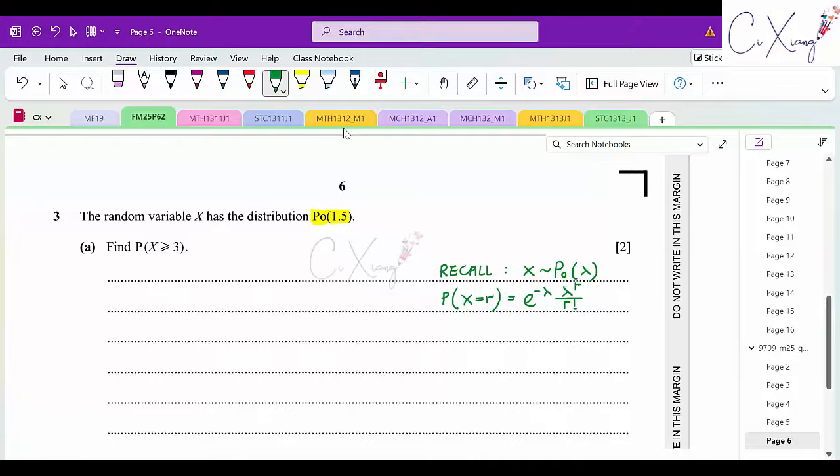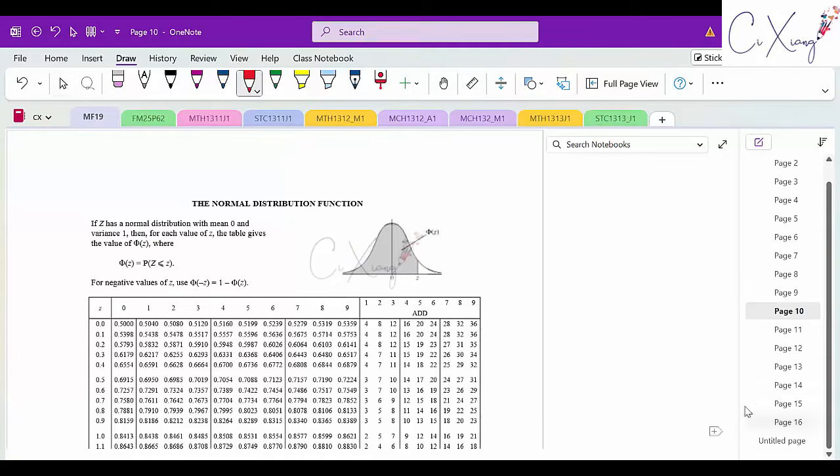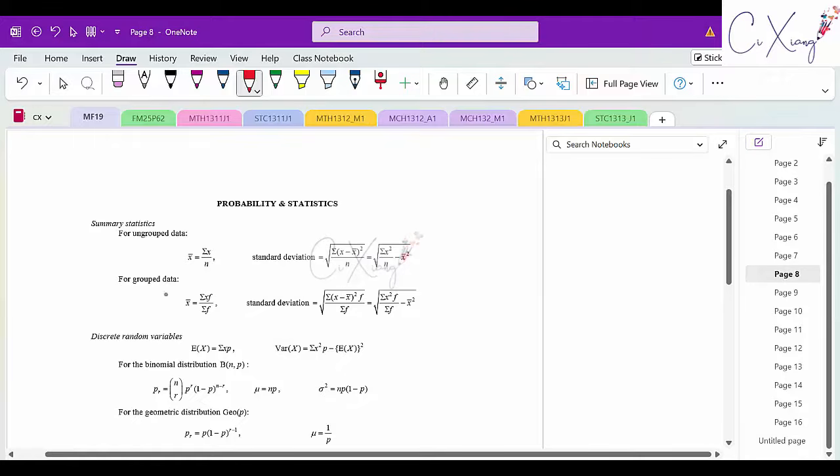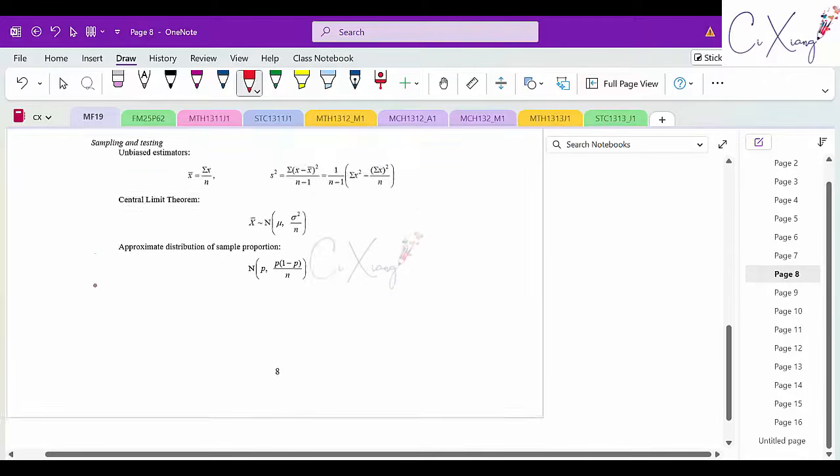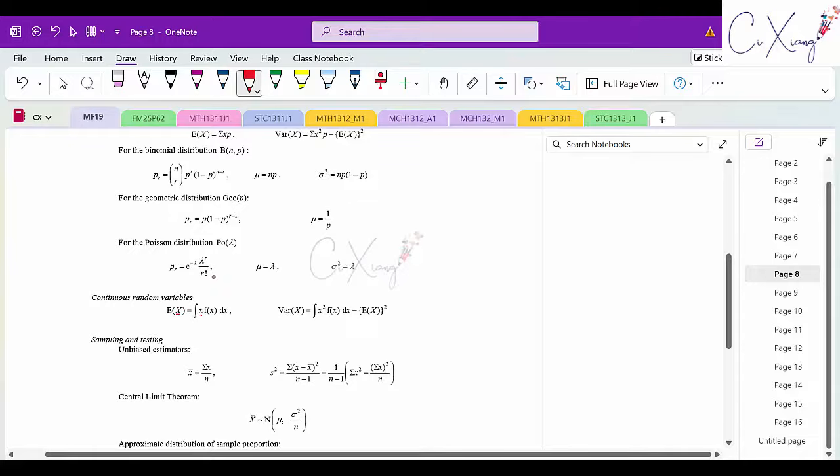This is the Poisson distribution, and you need to be aware that the value of r can be 0, 1, 2, and so on until infinity, and all values of r must be integers. If you are not able to remember the formula, you can refer to the formula booklet, where it is provided. Kindly look for Poisson, this one.